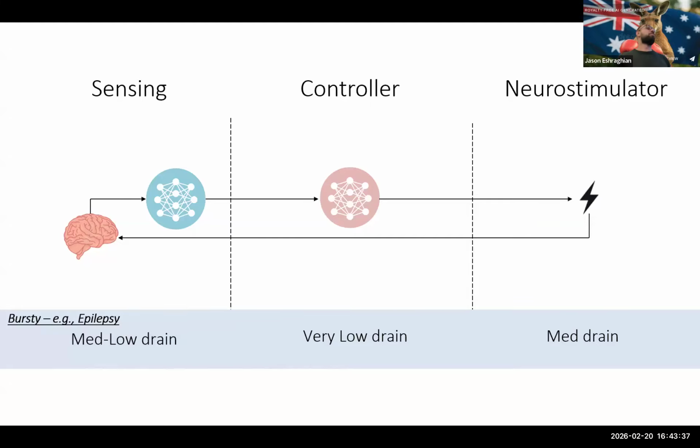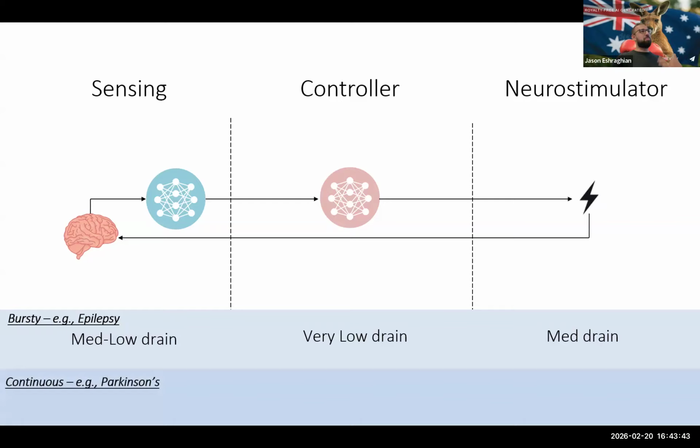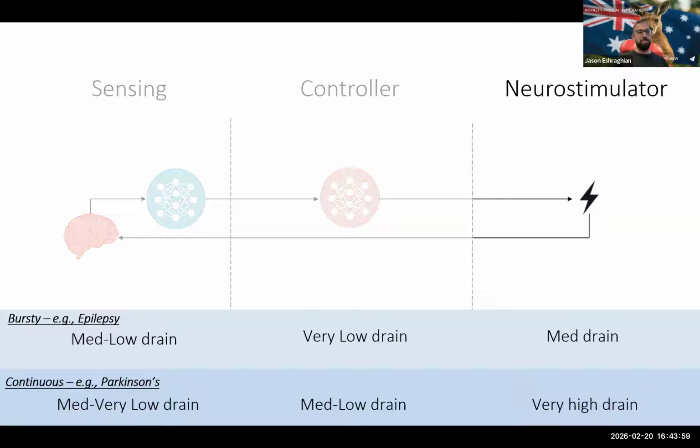And this is in the case of bursty workloads such as epilepsy, where you don't necessarily need to always stimulate the brain. This profile will look considerably different for something like Parkinson's disease, where you may more commonly need to apply a stimulus. The point is that the profiles are going to be different, but if you constantly have the need to stimulate, then you're going to have a relatively higher drain on the neurostimulator.